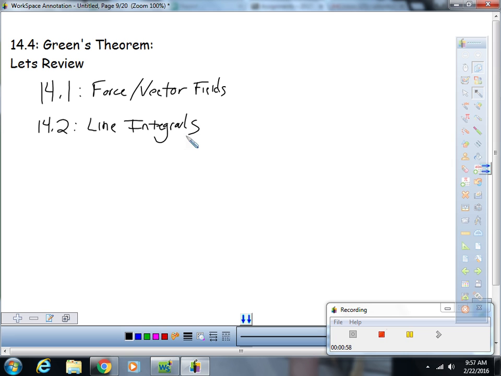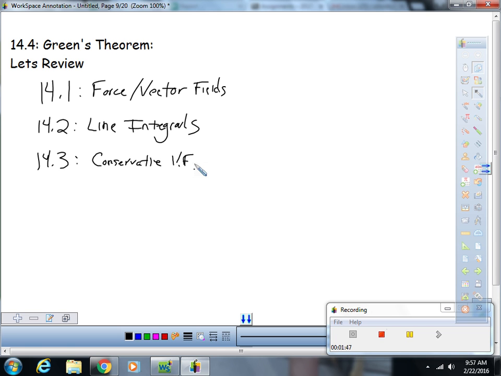All right. 14.3, what was that? Conservative vector fields. So it was like a more specific application of 14.1, right? And there's two really important facts from conservative vector fields. What were they? Excellent.